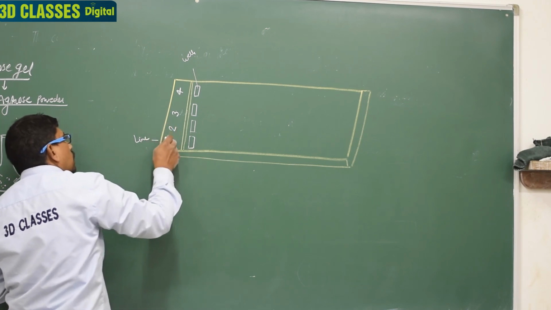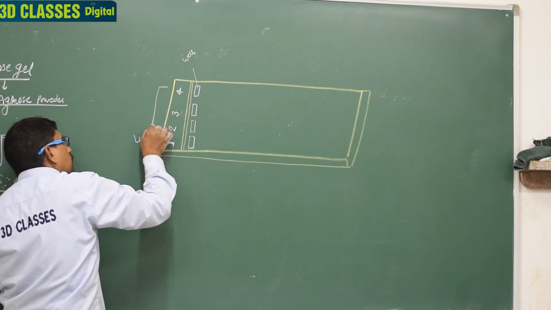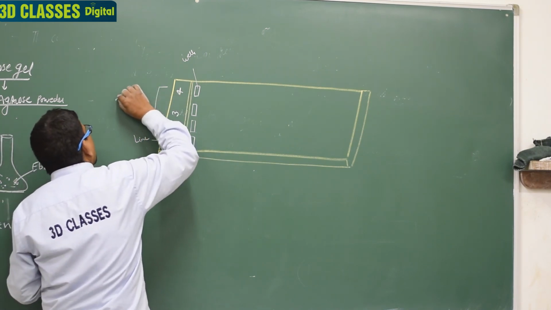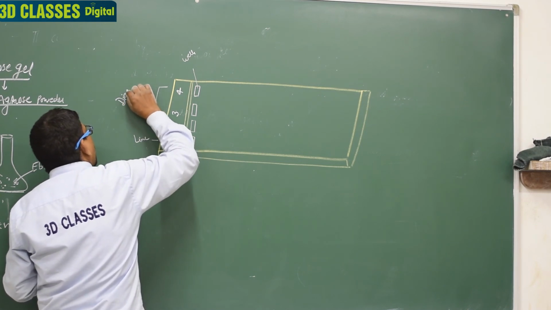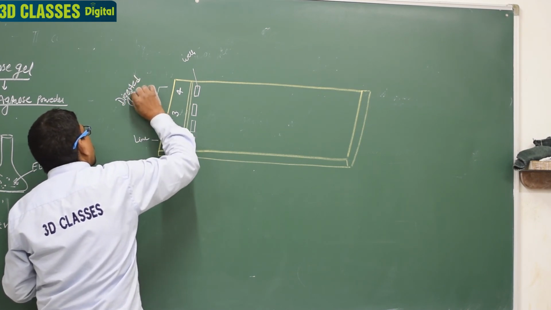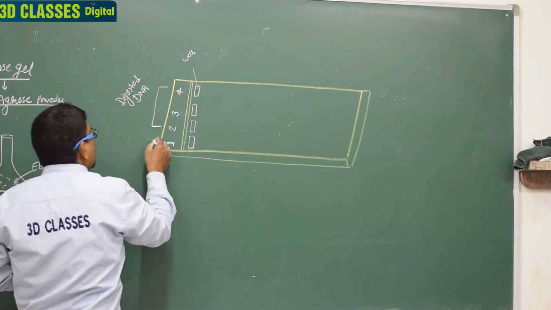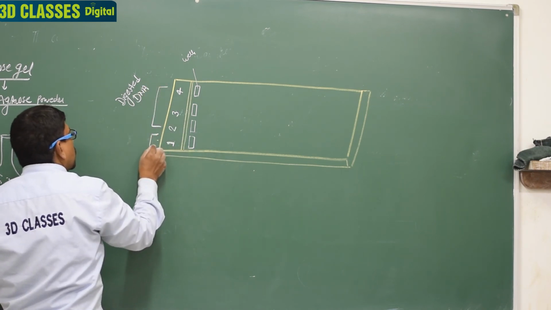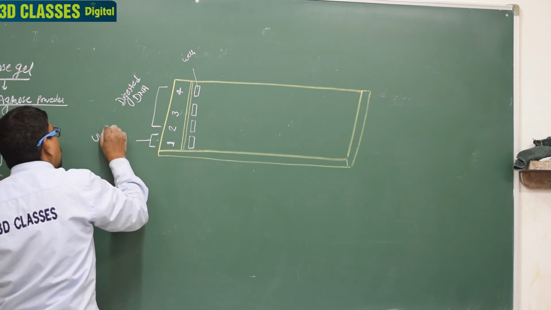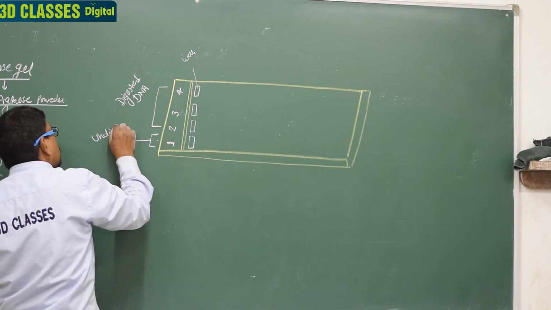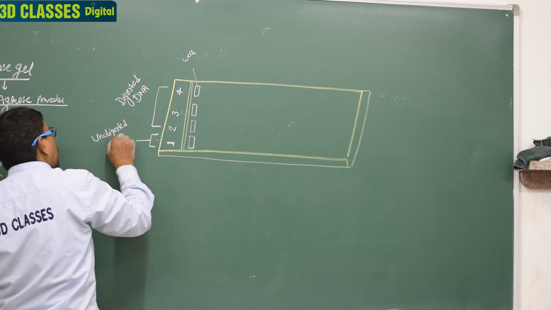The 2, 3 and 4 are known as the digested DNA, and in the line first, this one is the undigested DNA.